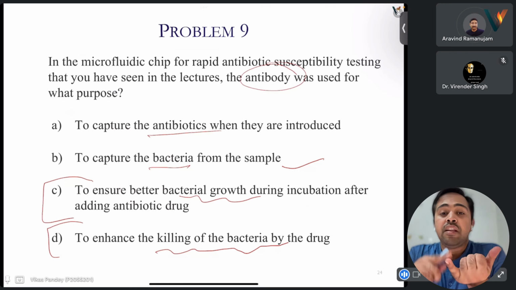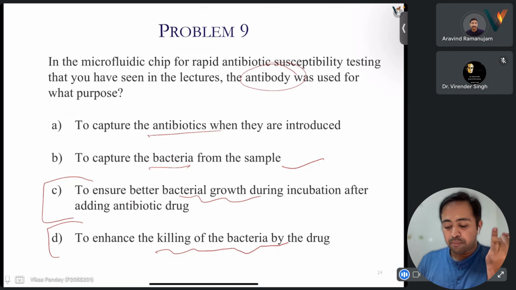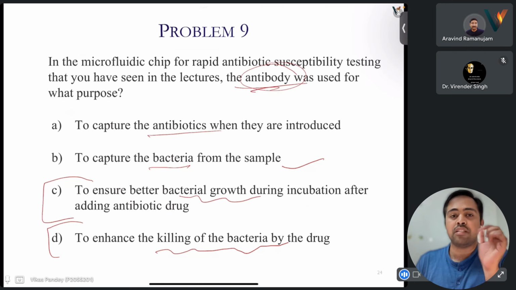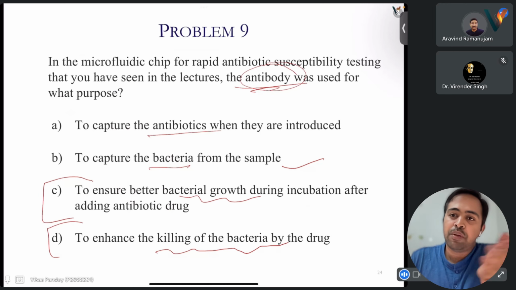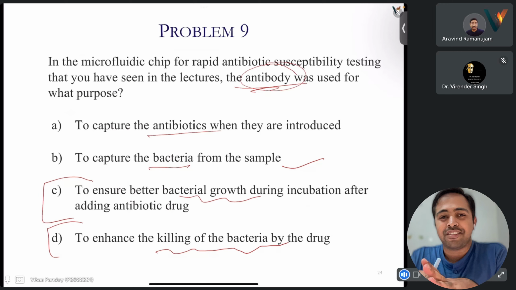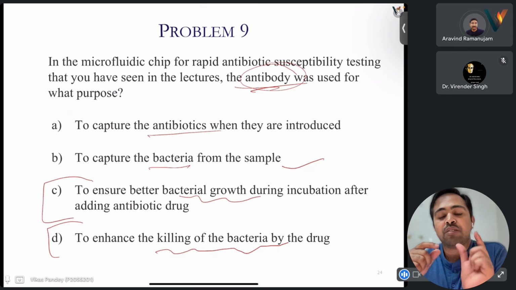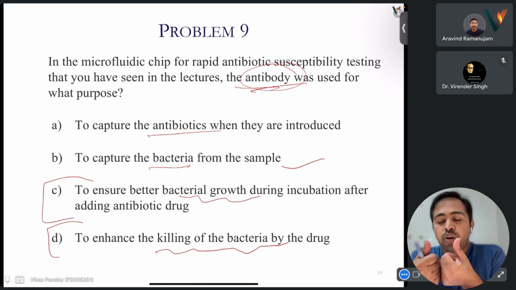If anything else apart from the drug is killing or helping in the growth of bacteria, that will be difficult for us. So in this case, it is just to hold, or you can say to capture, so that it can easily act with the drug.